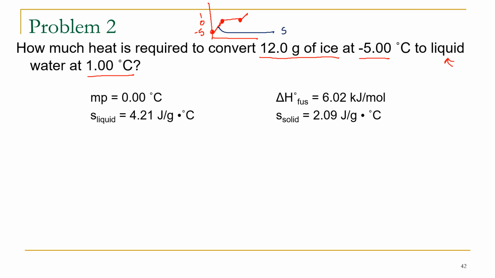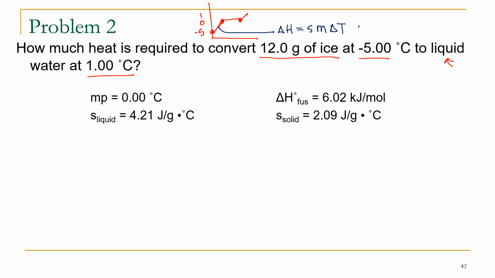So for the first segment, which is right here, in a different color, we need heat. That was the equation on the last slide. Q, heat, equals S M delta T. So we know our delta T is 5 degrees, because final is 0 minus initial -5.